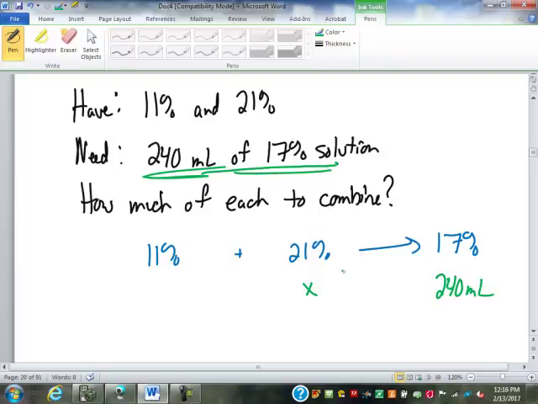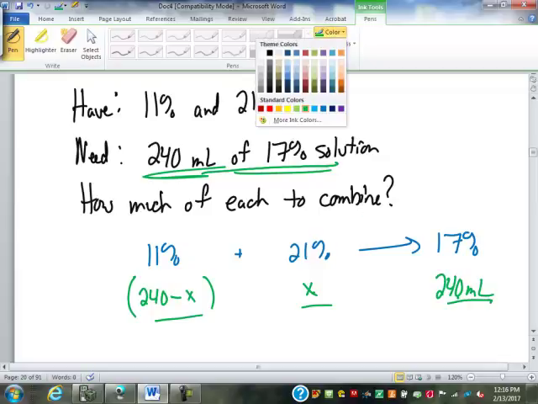So I'll let the amount of the 21% be X. So then how much of the 11%? Well, we know that these two numbers have to add up to give me this total. So working backwards, it would be 240 minus x. So the amount of 11% is the 240 milliliters minus x, or however many milliliters of 21% we used.